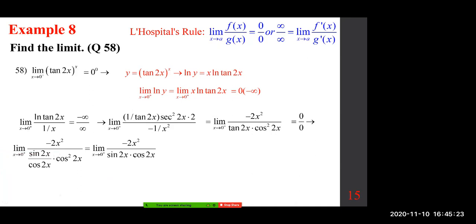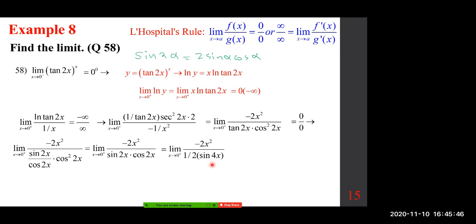Remember the sine 2 alpha was 2 sine alpha cosine alpha, just reminding you of some trigonometric identity. So this becomes therefore half of sine 4x, class.